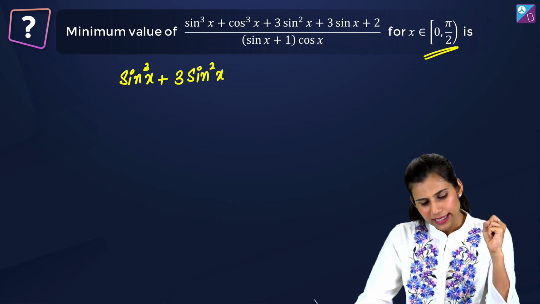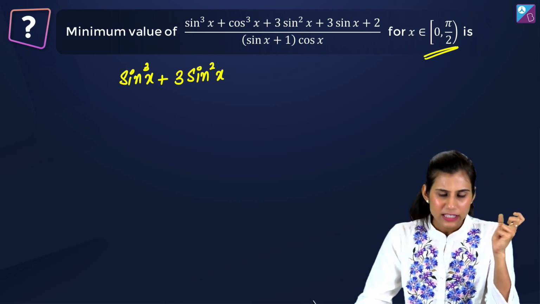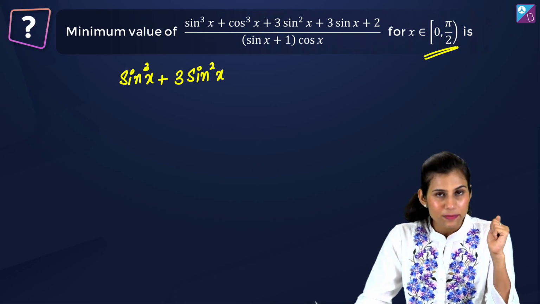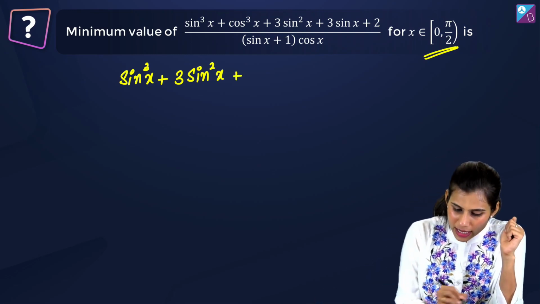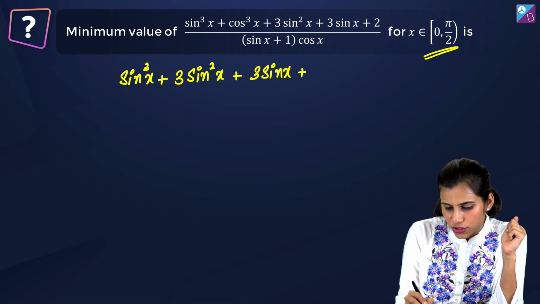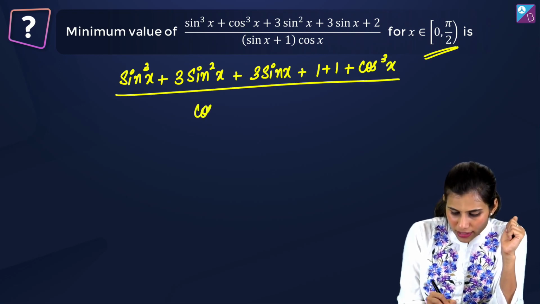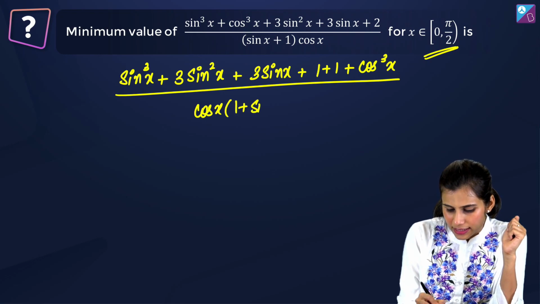Here I can see that somewhere maybe (a plus b) whole cube can be applied. So let's see. I have sine cube x plus 3 sine square x plus 3 sine x plus 2, which I can write as 1 plus 1 plus cos cube x, whole upon cos x into 1 plus sine x.